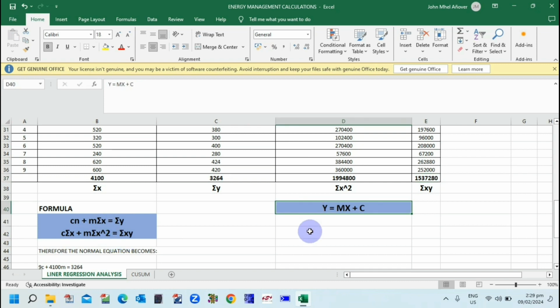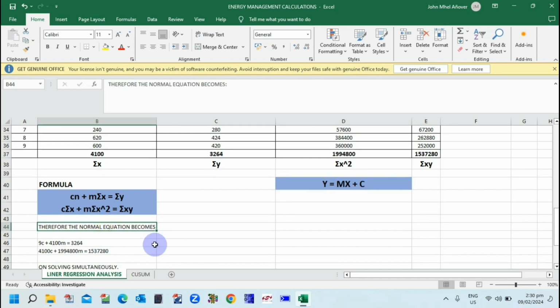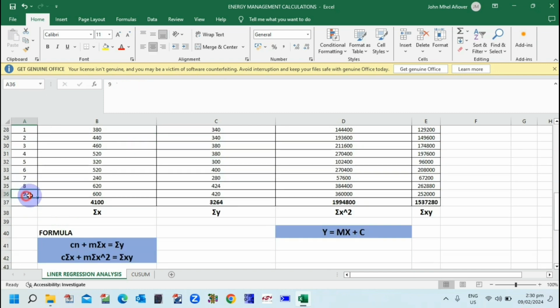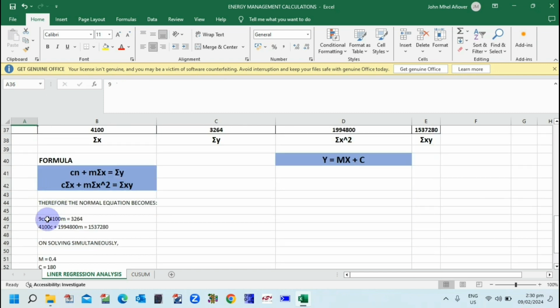From the formula of the slope, y equals mx plus c, the normal equation becomes, the n will be 9, so it becomes 9c plus summation of x, 4100 m, equals 3264. The summation of y is 3264.